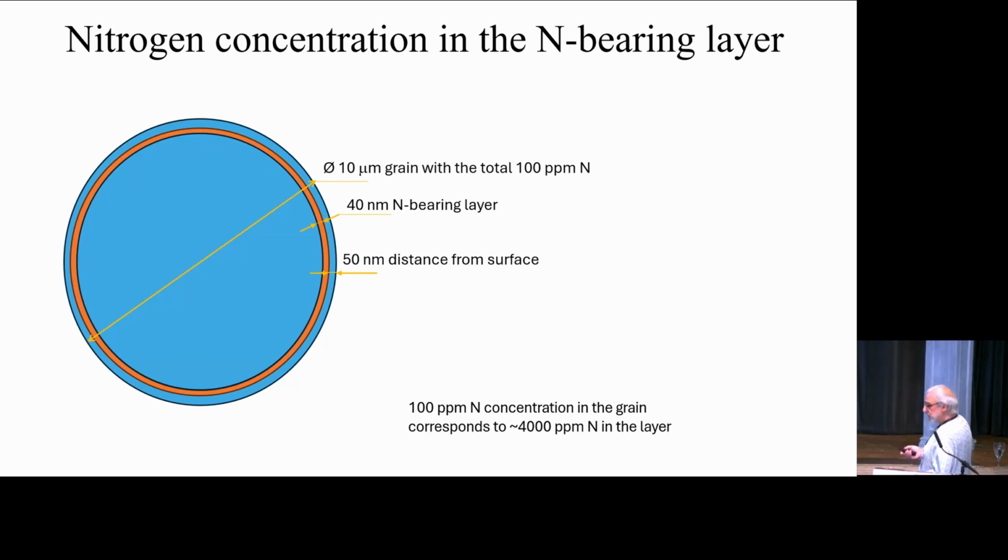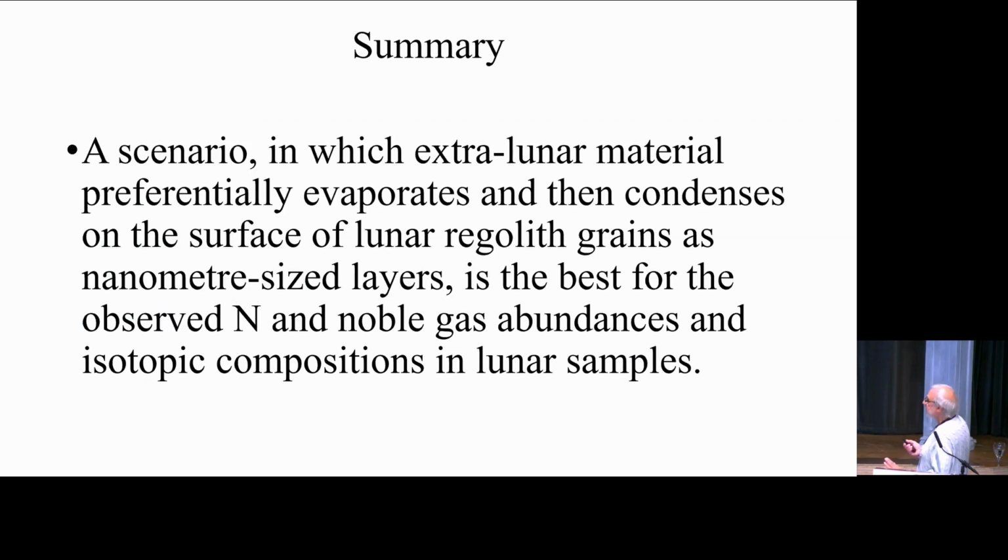It is very difficult to predict what the concentration should be, because it involves very complicated chemistry during evaporation and condensation on the surfaces. So it looks like this model can explain the experimental data, and that's my summary. Thank you.